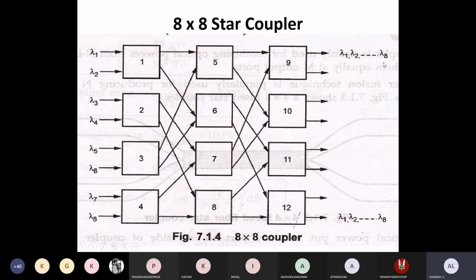Combinedly, if you take the output, it will be lambda 1, 2, 3, 4, 5, 6, 7, 8. Up to lambda 1 to lambda 8, we are going to get the output. So this is the process. Is it clear to all of you? Did you understand how the process of this star coupler is working? Anyone of you please reply.